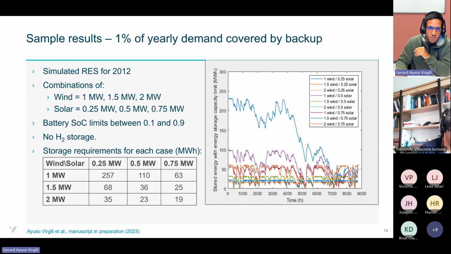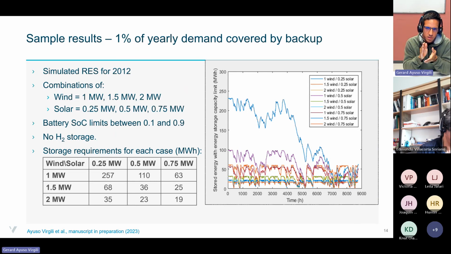And we can have this comparison. Let's say 1% of the energy demand for the whole year is covered by backup, and this could come from biogas. Maybe you don't remember, but in Work Package 3, there was a small work package about biogas production from fish sludge. So it could be a kind of recirculating of the energy within the whole system.